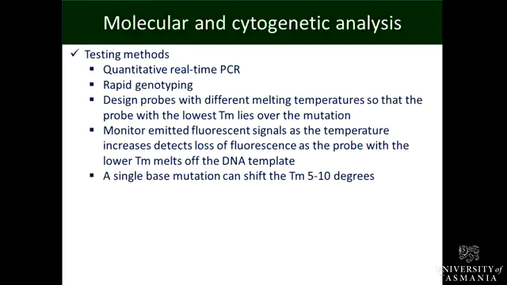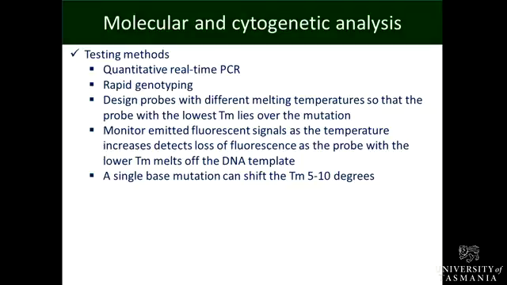And what happens is that when you're performing PCR, the TM, and if you look here, the TM is this melting temperature when half of the species of DNA in your sample has been denatured and melted. So if you have a probe that has a lower melting temperature than another probe, and that probe has a fluorescent signal on it, you can detect how they melt and at what degree they melt.